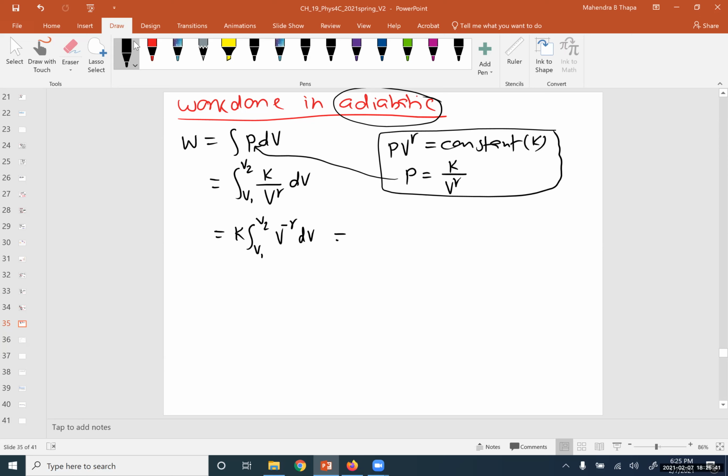So this will give you K times V to the power minus gamma plus 1 over minus gamma plus 1, where the volume changes from V1 to V2. So we can write this as this.